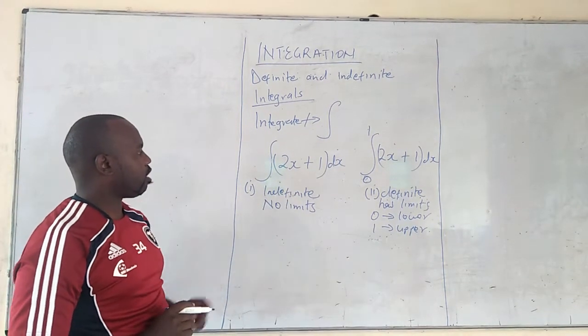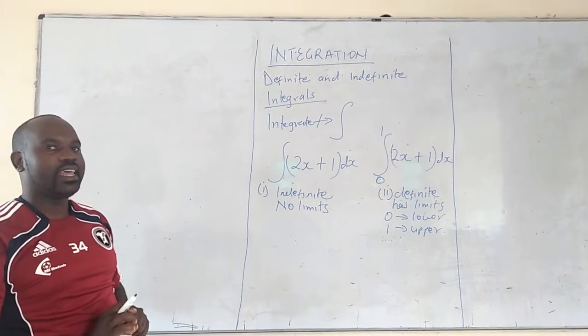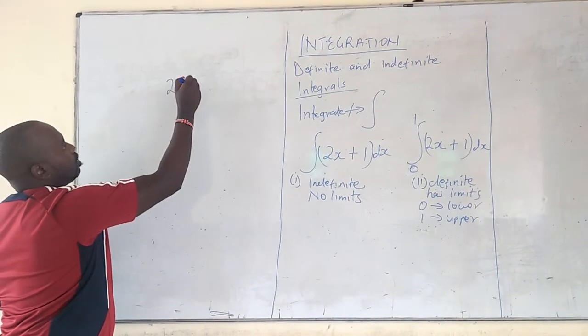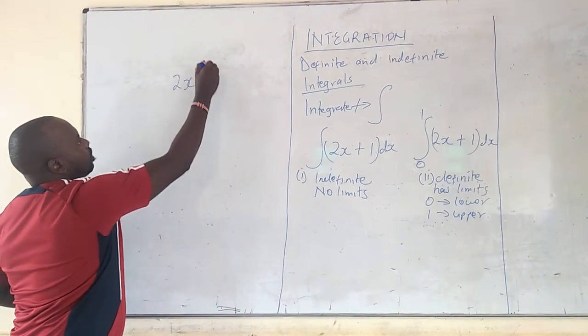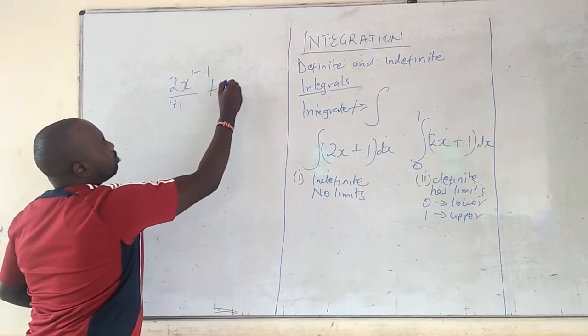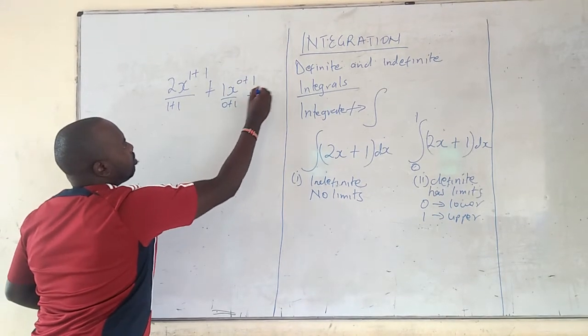So let's start with the indefinite integral. You just integrate the way we have been integrating. This is 2x to the power 1 plus 1 over 1 plus 1, plus 1x to the power 0 plus 1 over 0 plus 1, plus c.